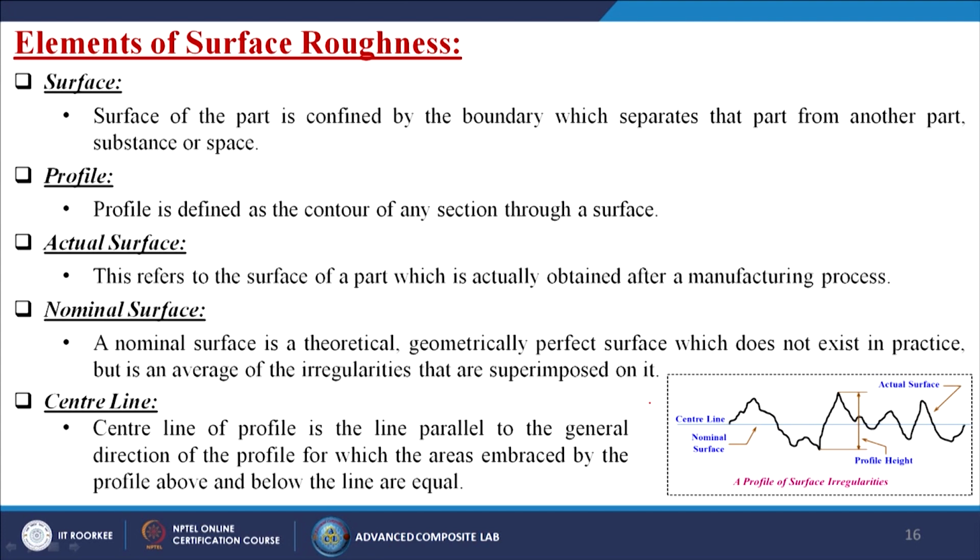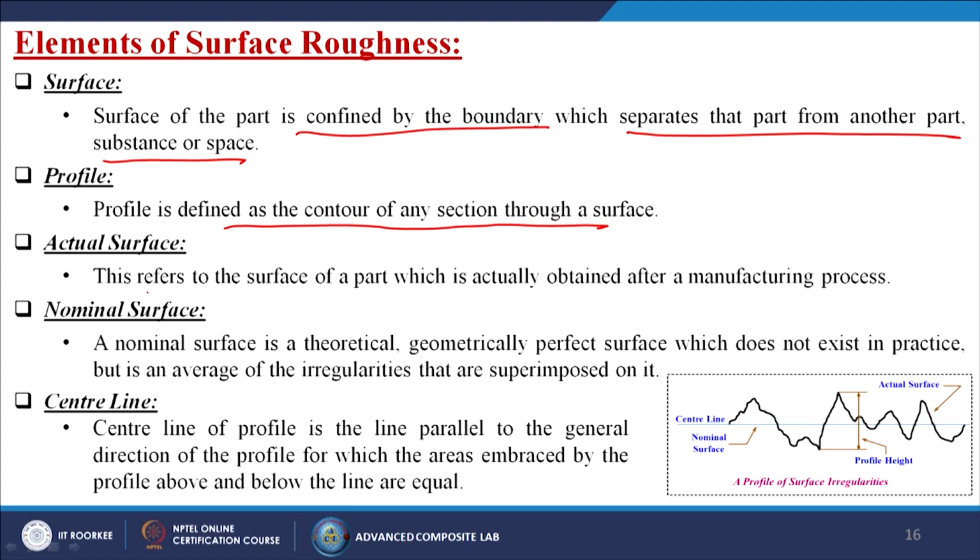Now, elements of surface roughness. The surface of a part is confined by the boundary which separates that part from another part, substance or space. What is profile? Profile is defined as the contour of any section through a particular surface. Actual surface refers to the surface of a part which is actually obtained after a manufacturing process.